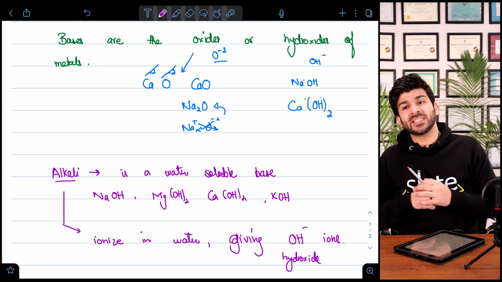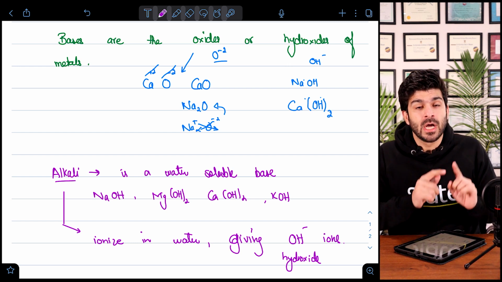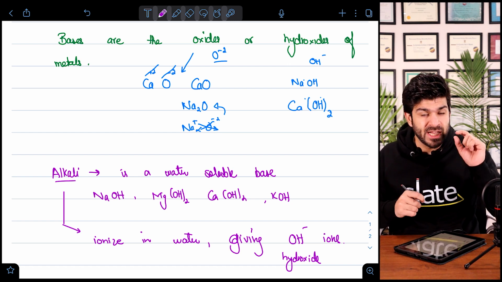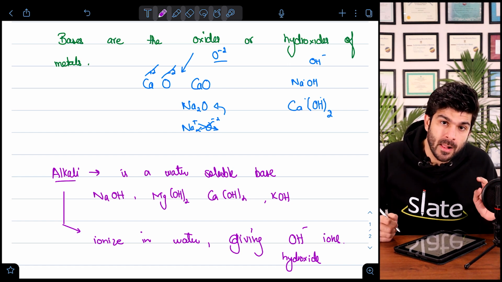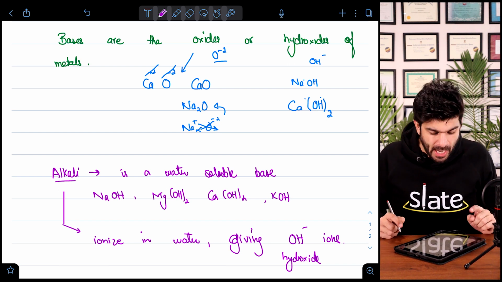So remember, what was an acid? A proton donor, an H+ ion donor, a hydrogen ion donor. Just that way, a base, an alkali especially, is an OH- ion donor. Remember, not all bases give hydroxide ions.